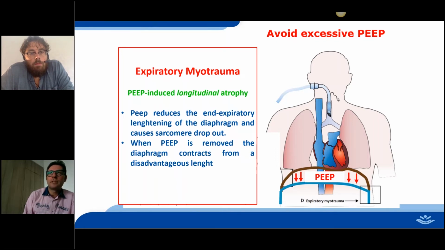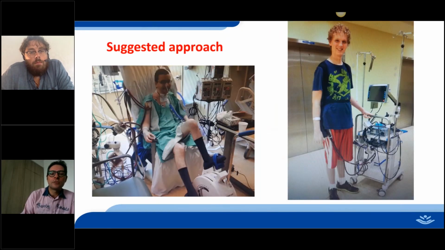And when we remove the PEEP with the aim to wean our patient from mechanical ventilation, we have a diaphragm that works in a situation that is not advantageous for it. So our suggested approach in this patient is to mobilize, to use tracheostomy, to do what we can to maintain the muscles working well, especially if some of these patients will be candidates for lung transplant.